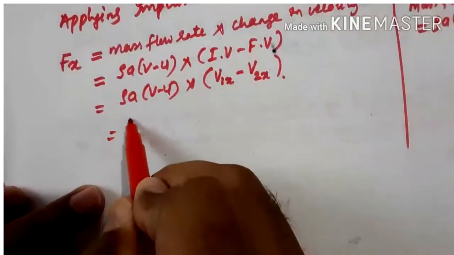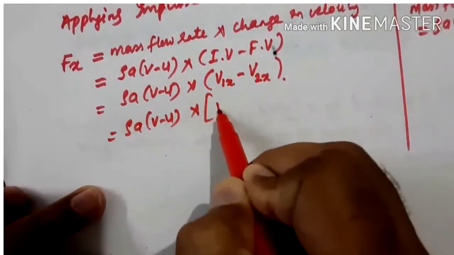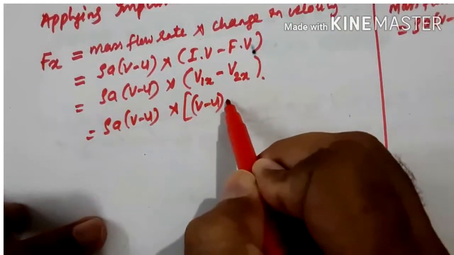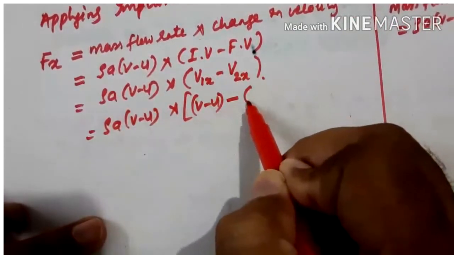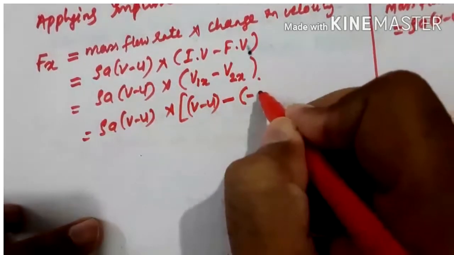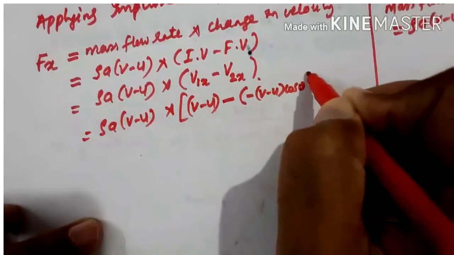We have to consider this one. Then here rho a v minus u into v1x, which will be v minus u, with this velocity it is striking initially, minus of v minus u cos theta.